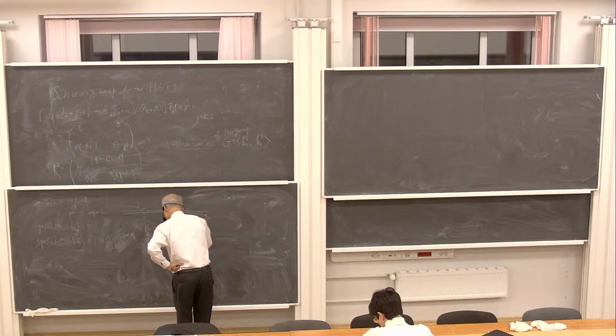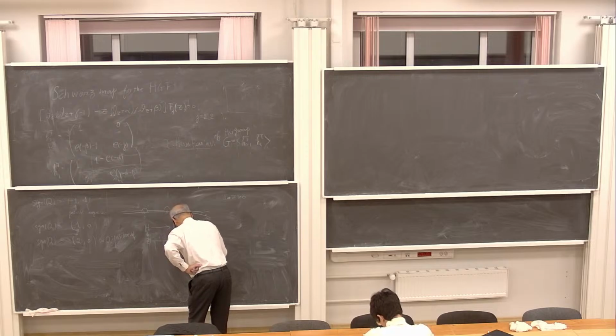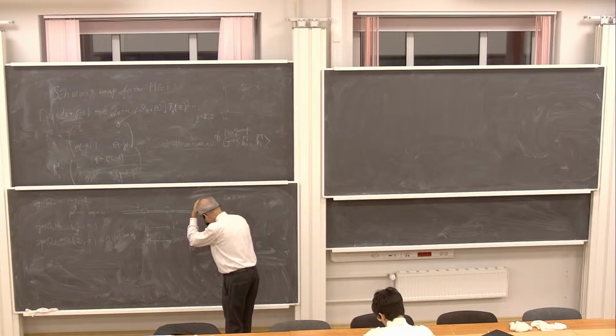Say P1. So it is defined as u(z) equals F1(z) over F2(z), the ratio of two hypergeometric functions.